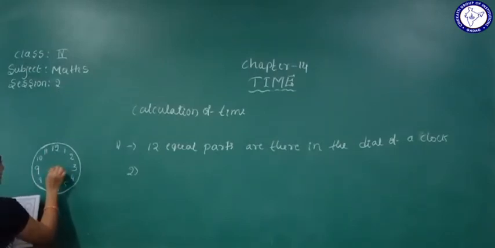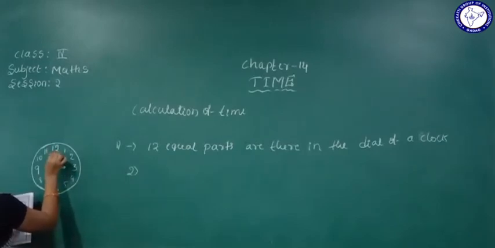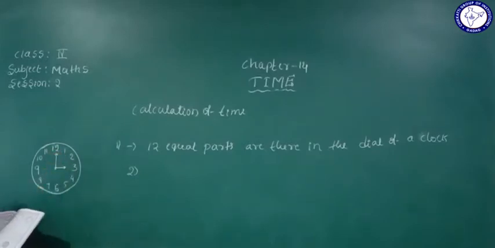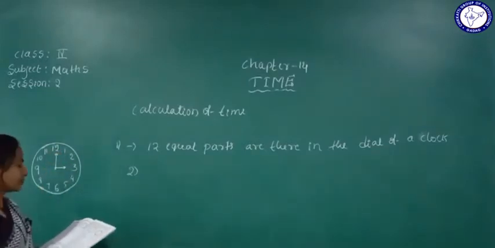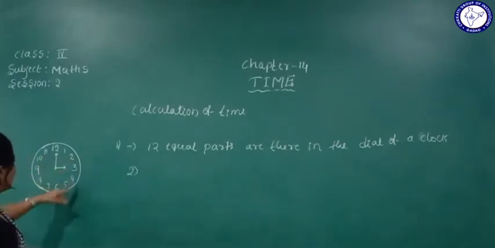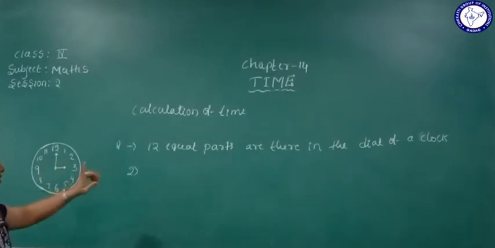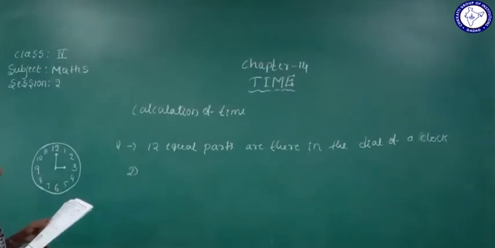This needle is small, and this needle is big. First they ask how many equal parts are there in the dial of the clock, from 1 to 12. And the second one: what does the bigger needle in a clock indicate?